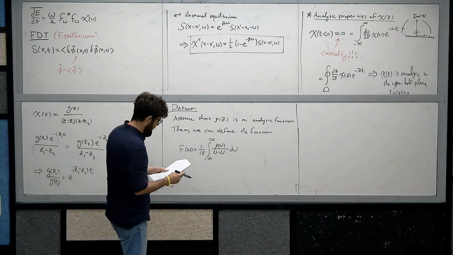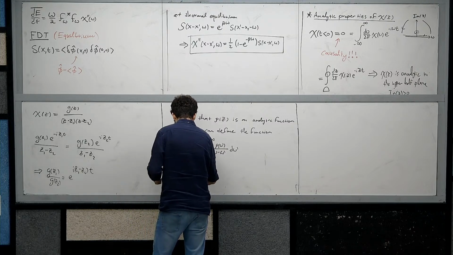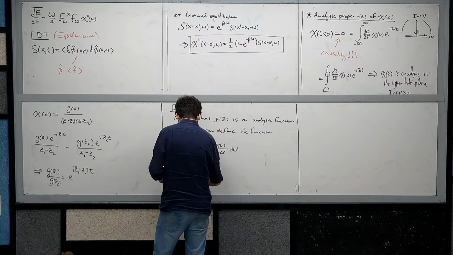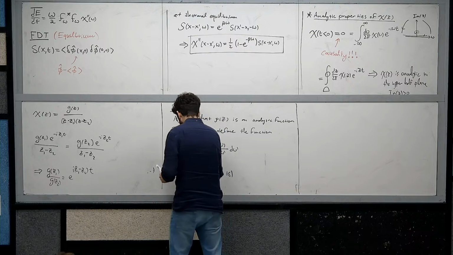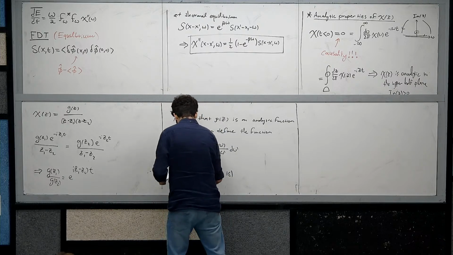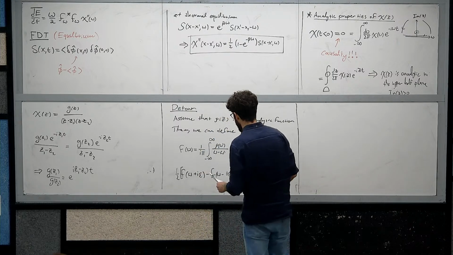And the idea would be to say that if I take f of omega plus i epsilon minus f of omega minus i epsilon, then I just get rho of omega.